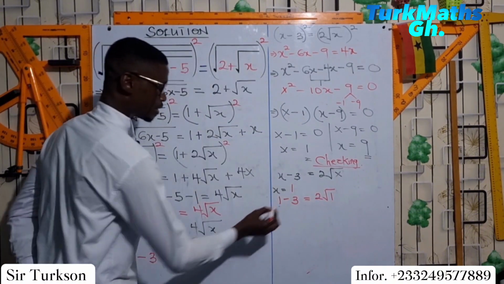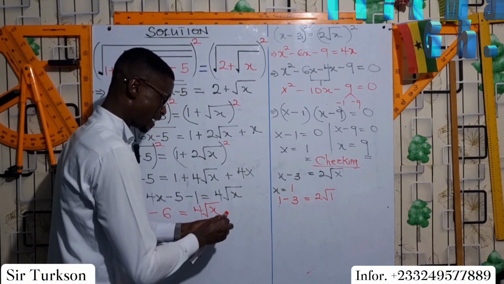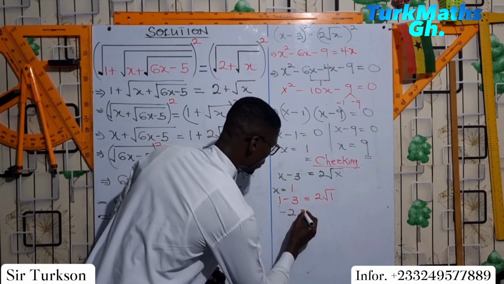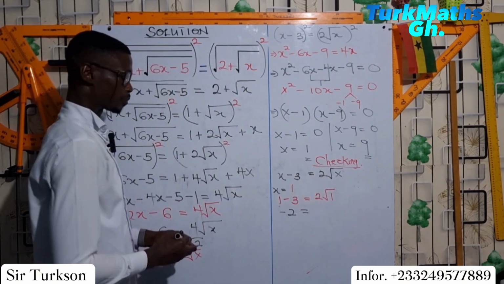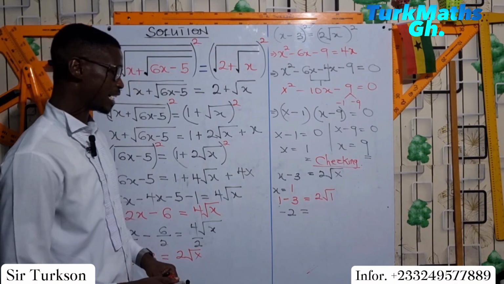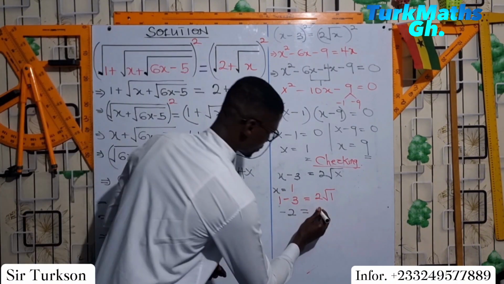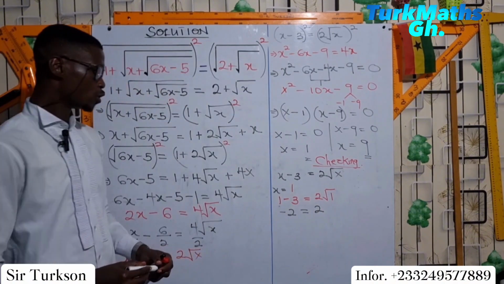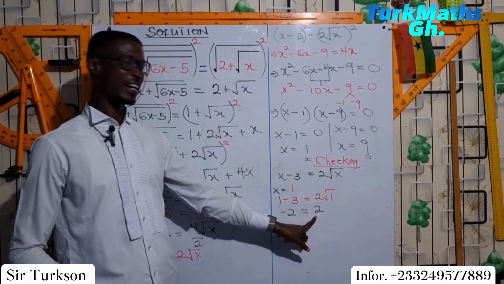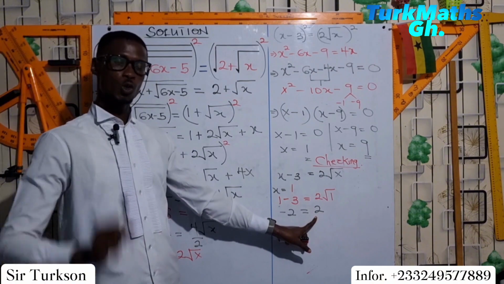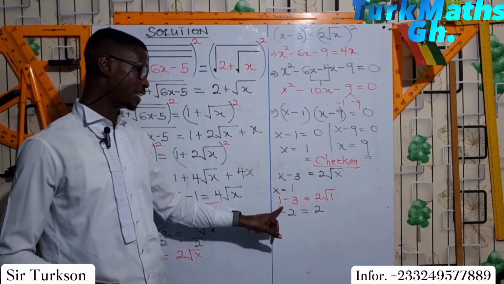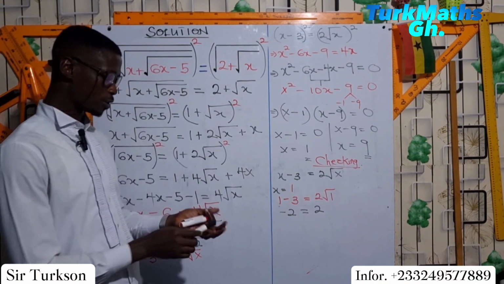What are we going to have here? 1 minus 3 will give us minus 2. Minus 2 equals to 2. Very good. So you realize that at the left hand side we have minus 2, and the right hand side we have 2, which are not the same. The one here has not satisfied the equation, so this one is out.